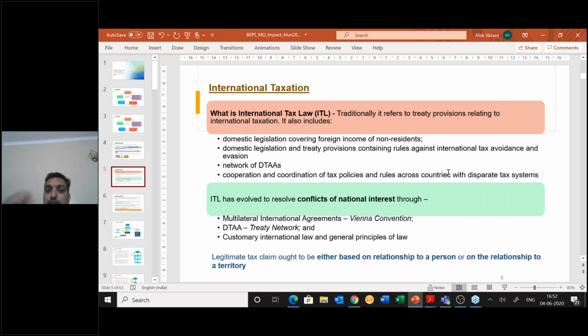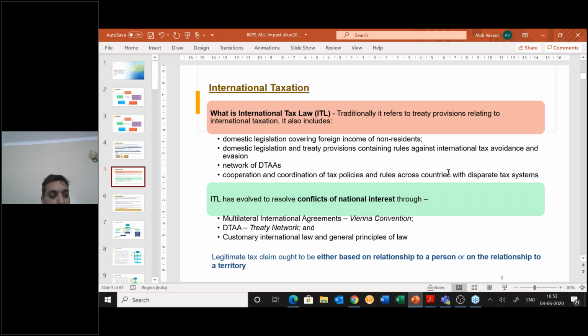It also includes the network of DTAs, cooperation and coordination of tax policies and rules across countries with disparate tax systems. So all this put together is international tax law.